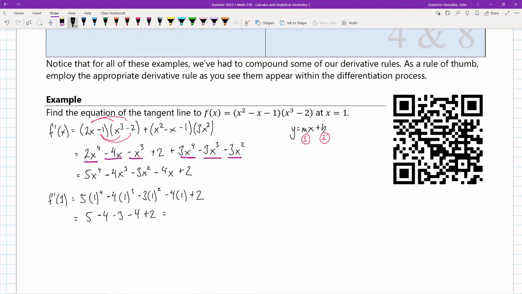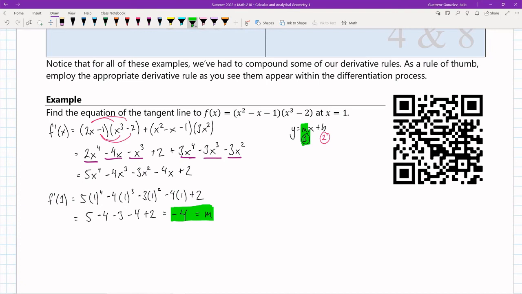And that gets us minus 4. Okay. So this is going to be our m. We are done with this bit. So m, number 1, we're done here.